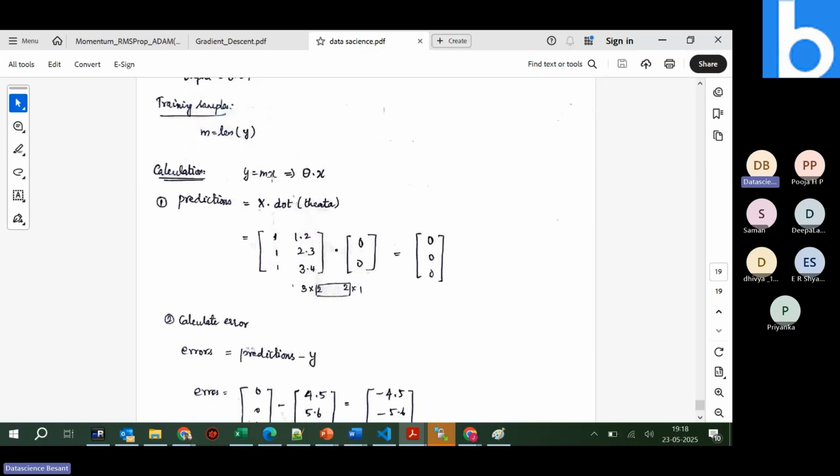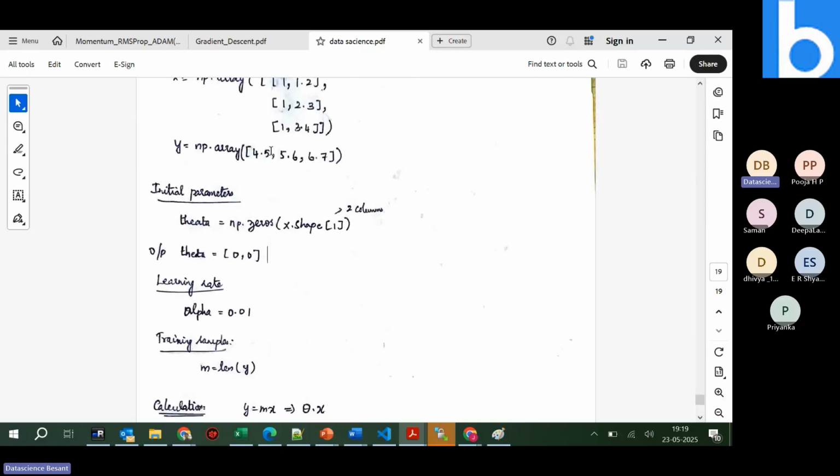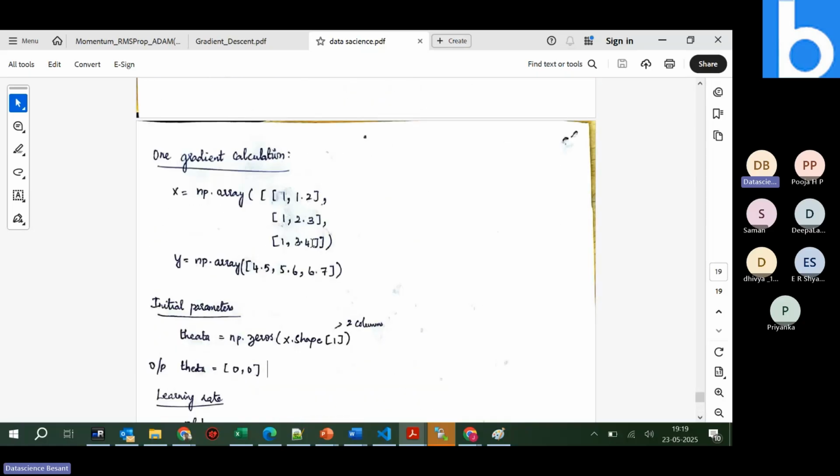Yesterday I told you m will be replaced with theta 1 and c will be replaced with theta 0. Here c is equal to 0, so there is no variable called c. The first step is predictions: predictions is equal to x dot theta. X is what I have written here in matrix format, 1, 1.2, 2.3, 1, 3.4.